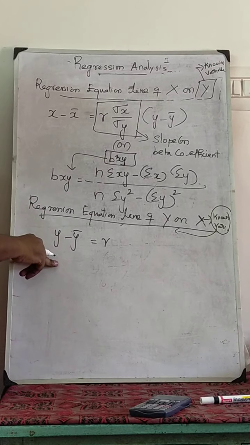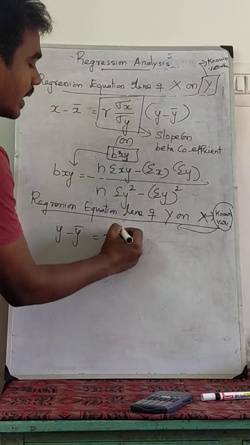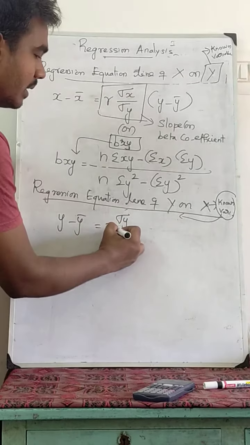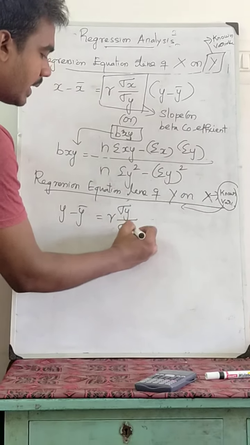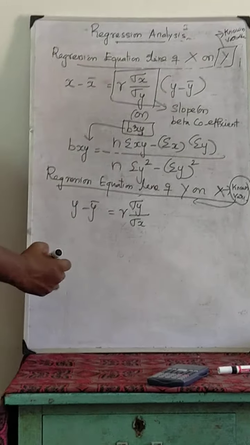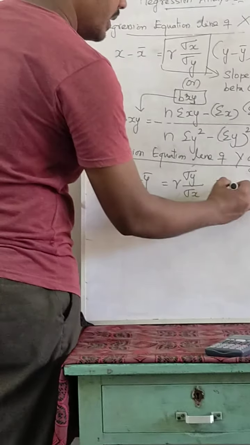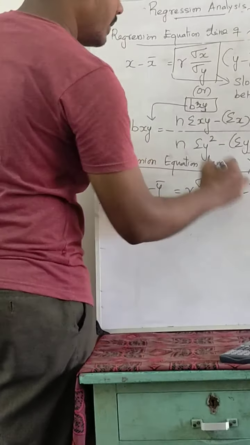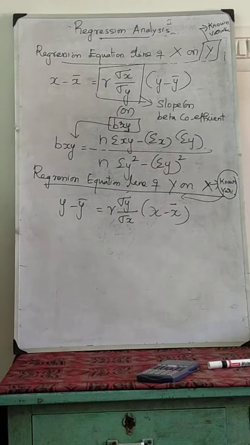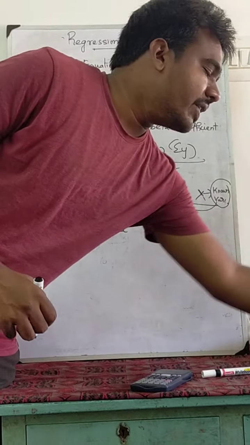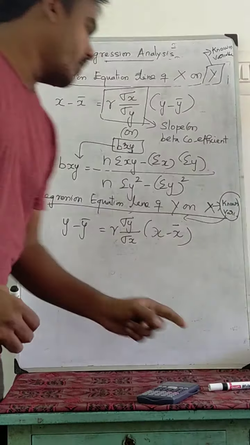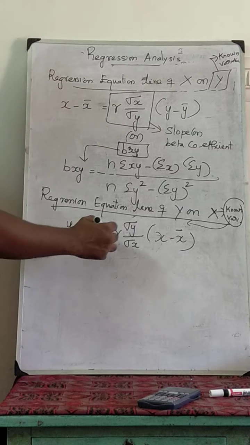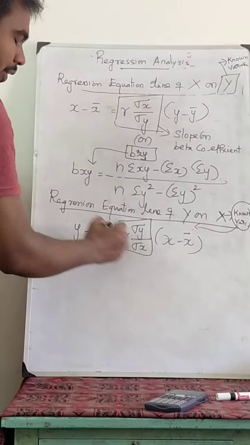Similarly, we have to find out the value of y. That is why the standard deviation of y over sigma x. Okay, now here x minus x bar, standard deviation y divided by standard deviation x. Okay, x minus x bar. Now again, this is called the beta coefficient.